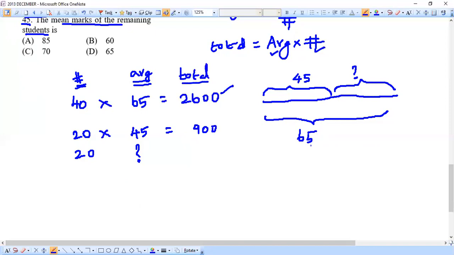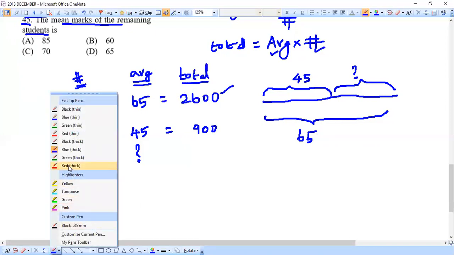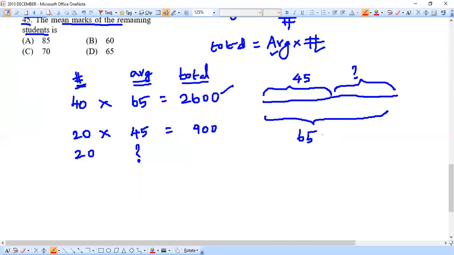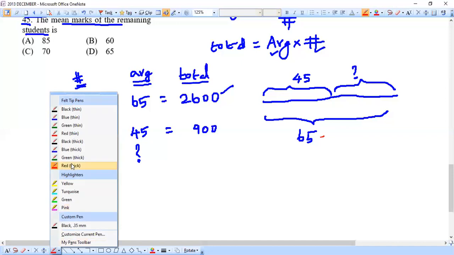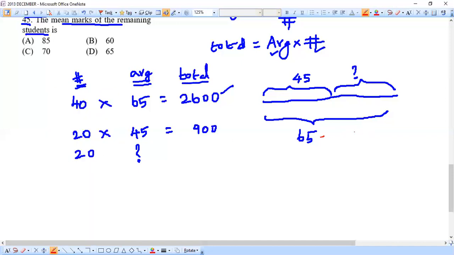Let me write it here. I can use a different color ink to represent the total. See here, for all the 40 students, the total is 2,600. I think you are able to see what is written here. And for the 20 students, the total is 900.